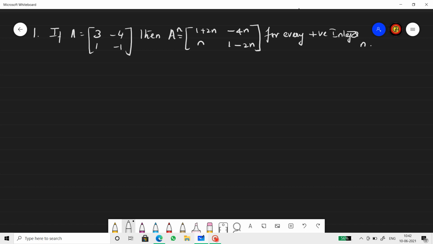So A is a 2 by 2 matrix. A power n is given. We need to prove this by PMI that A power n is true.